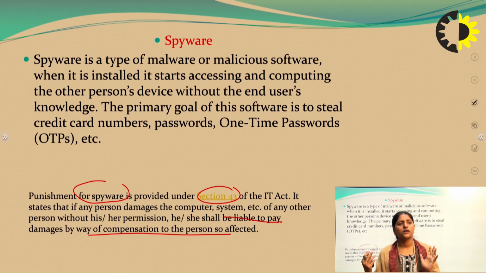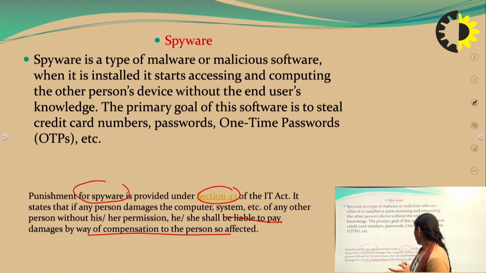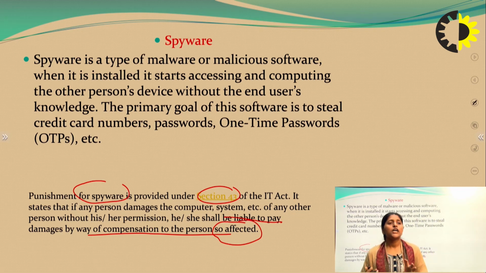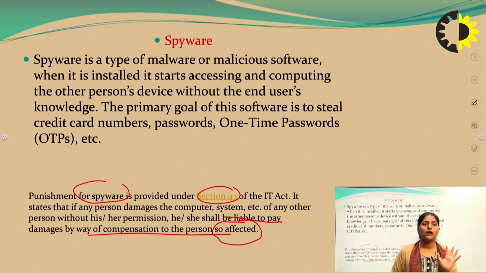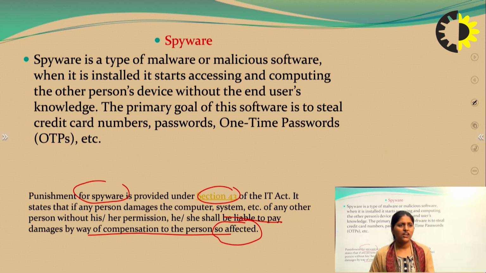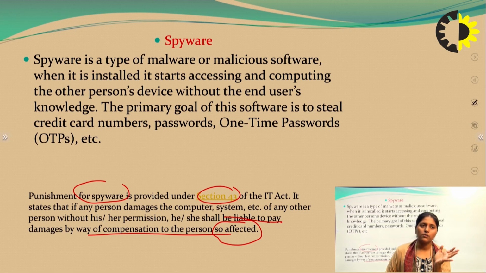According to the damage, according to the person's system affected, the hacker needs to pay the amount of money. He needs to pay the whole amount of whatever damages have occurred.